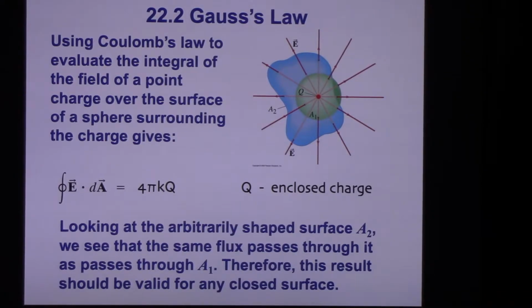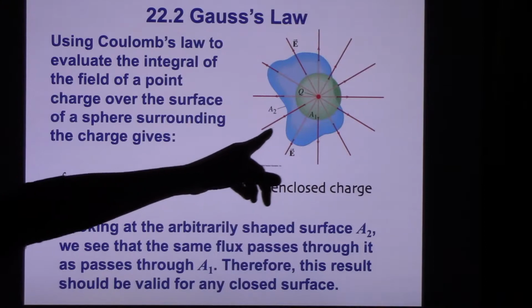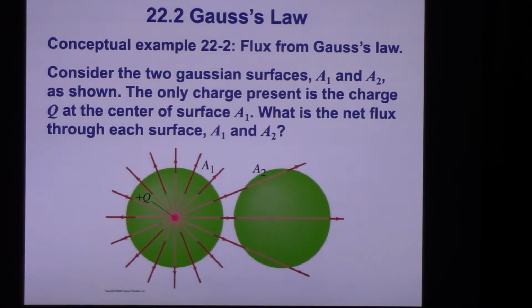So I guess the bottom line here is Gauss's law works whether the charge distribution is symmetric or not, whether the surface area is symmetric or not, but it's easiest to use if there's a lot of symmetry. In fact, that's the only situation that we'll be using Gauss's law, is when there's a lot of symmetry.